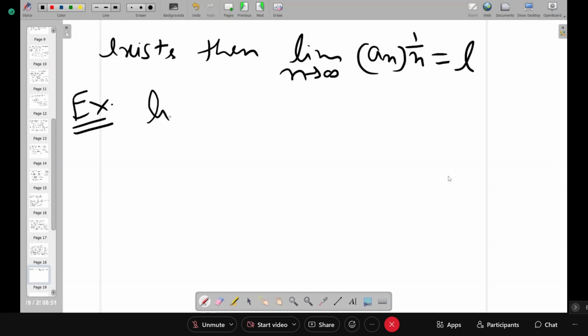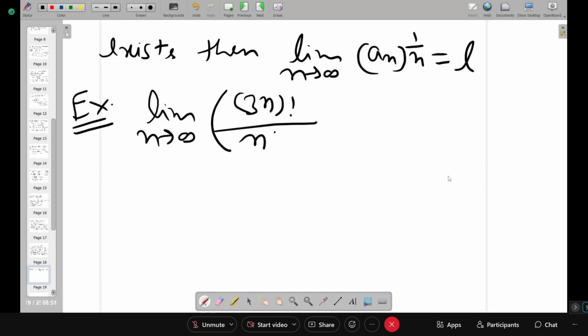the question is find out the limit as n tending to infinity of factorial 3n upon factorial n cube, whole to the power 1 by n. You have to find out the limit of this.